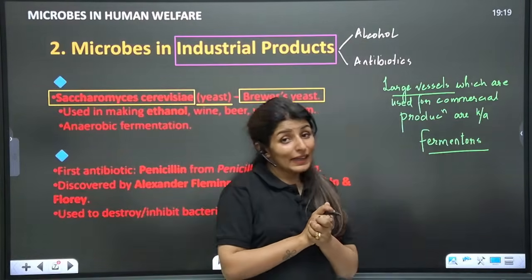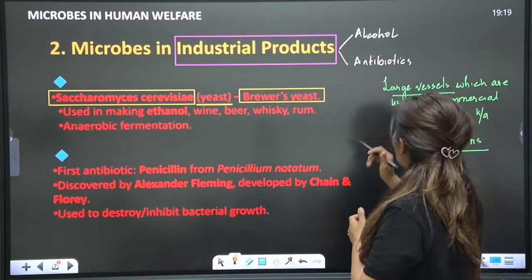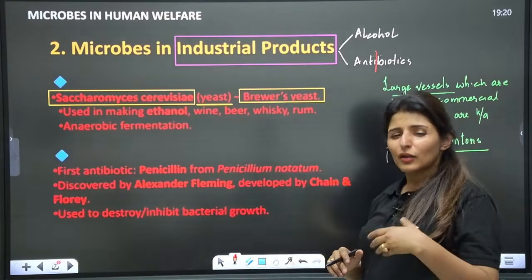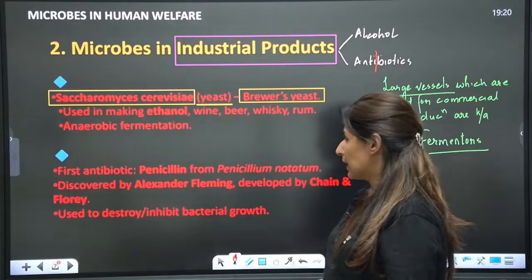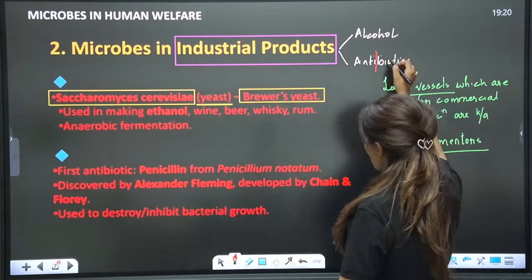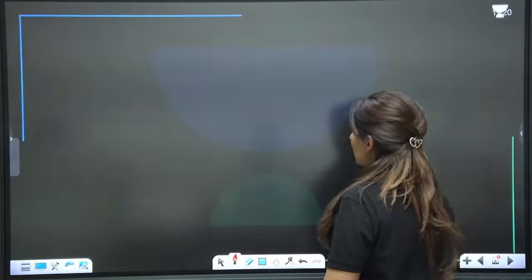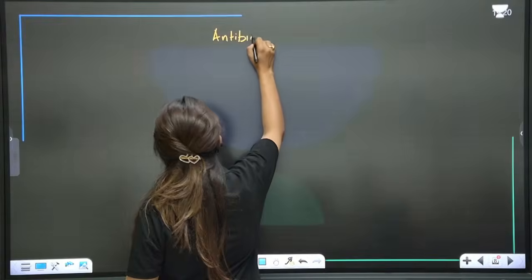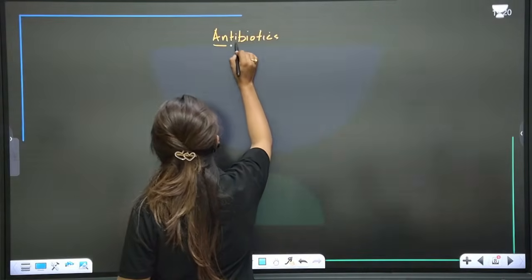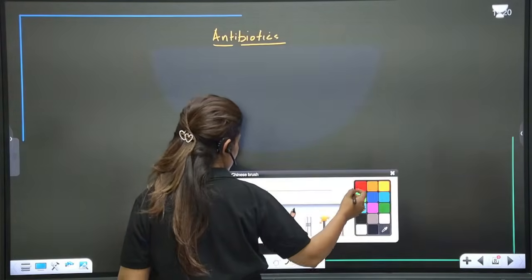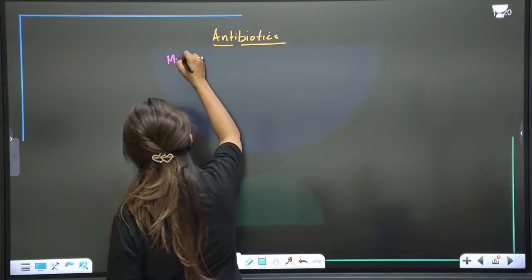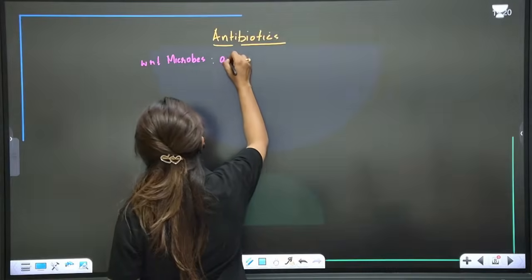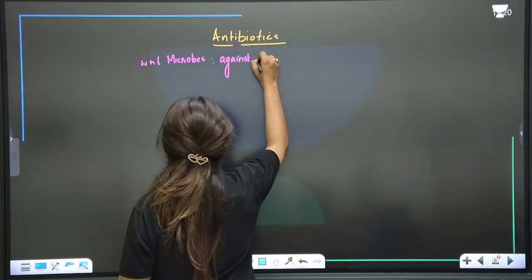Then coming on to antibiotics. The antibiotic name itself suggests that it is against life. Now the name is a sort of misnomer. If we talk about organisms, with respect to humans it is pro-life, but with respect to microbes, it is against life, so it's going to kill the microbes.